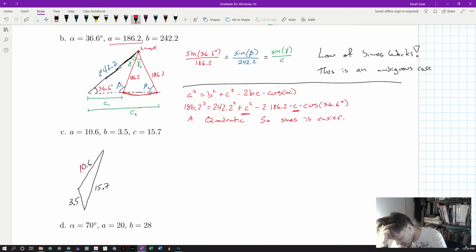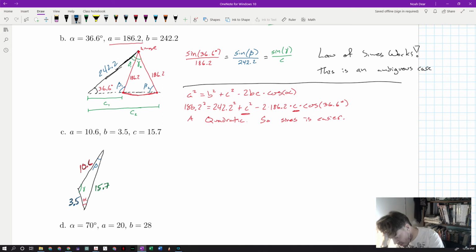Let's get these colors in here. A is 10.6, B is 3.5, and C is 15.7, so we get gamma, alpha, and beta.